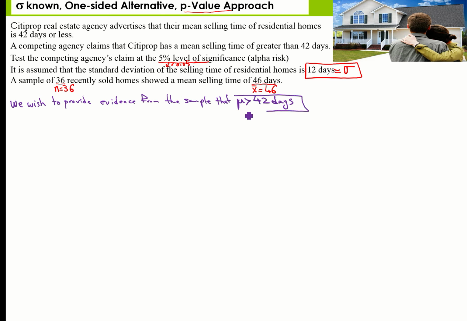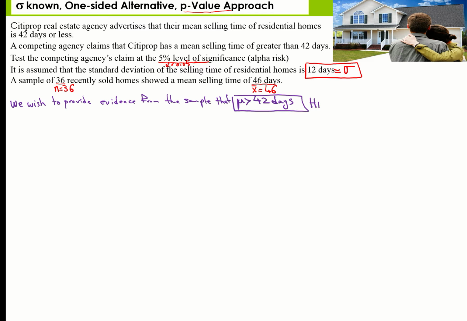So this is the alternative hypothesis here. So I can define the null and alternative hypothesis. The alternative hypothesis is mu greater than 42 days, and the null hypothesis is mu less than or equal to 42 days.